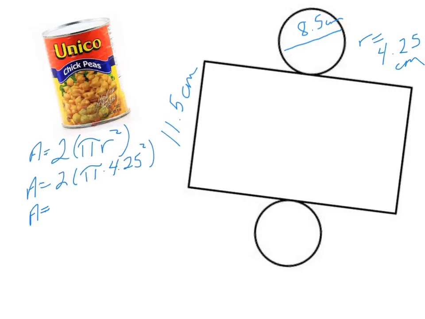The area of the two circles then is 113.49. I did use the full value of pi to make sure that I had that as accurate as possible.